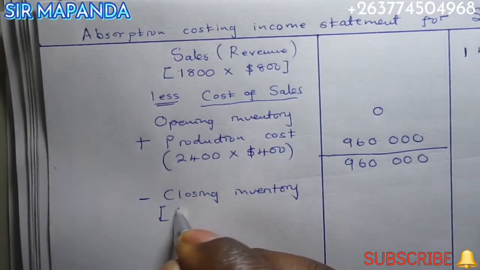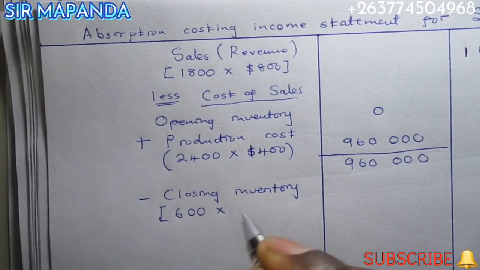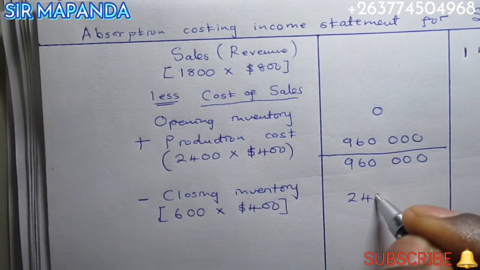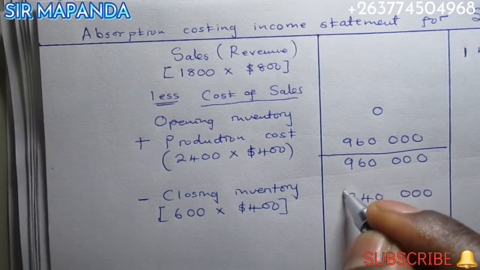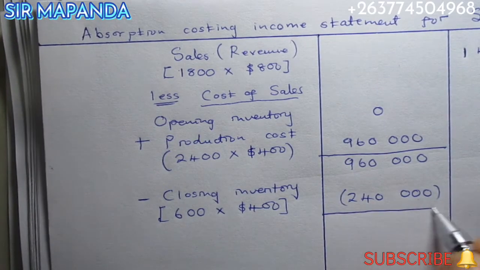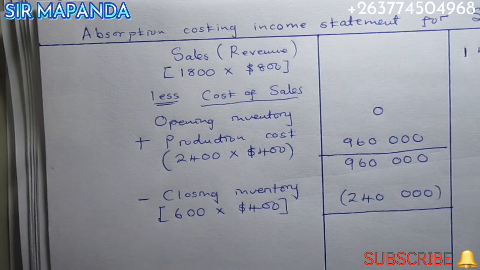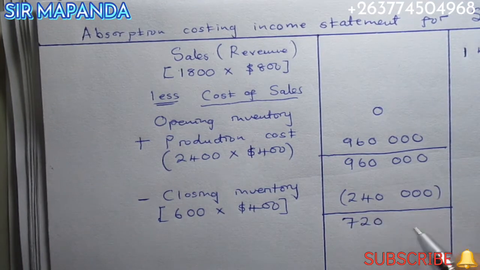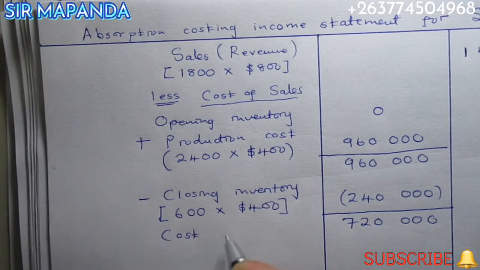So you write 600 here, then convert it by 400 per unit. So I'm going to write 240,000 here to be deducted from the 960. So 960,000 minus 240,000. What do you get? 720. So 720,000 denotes the cost of sales. So I'm going to write cost of sales here.